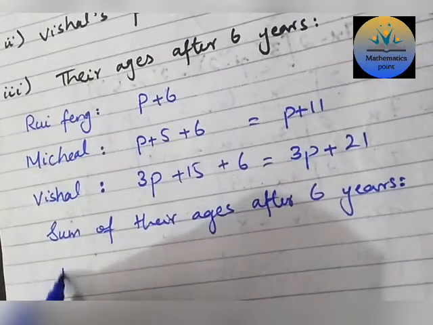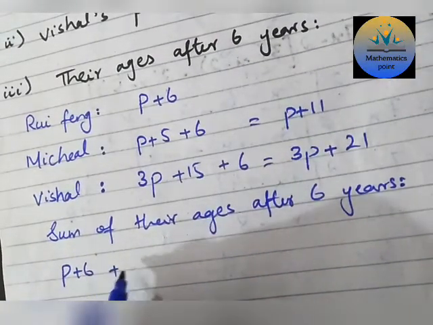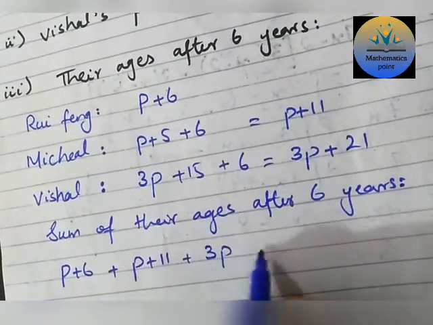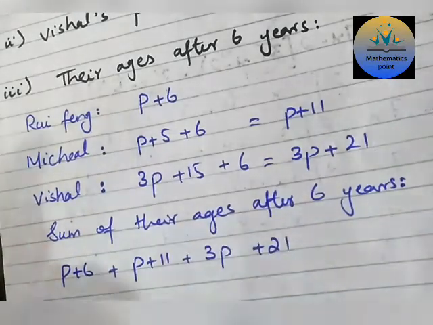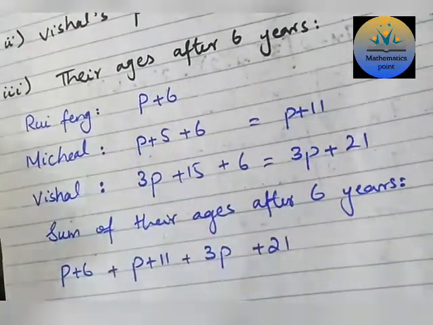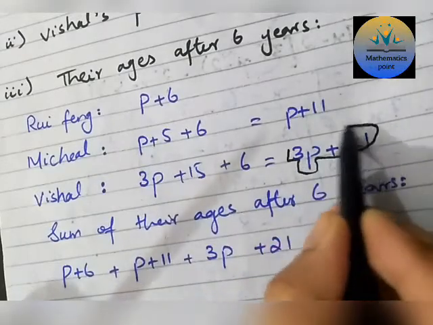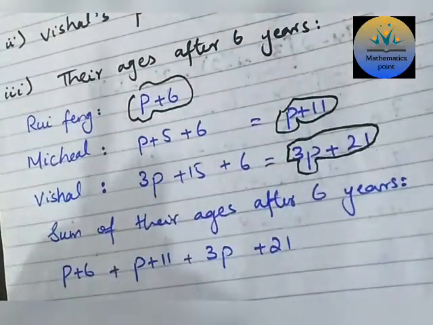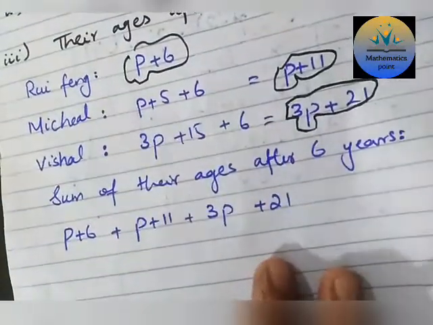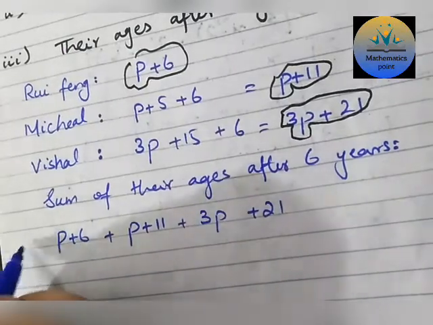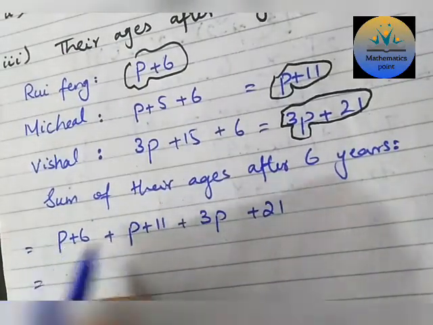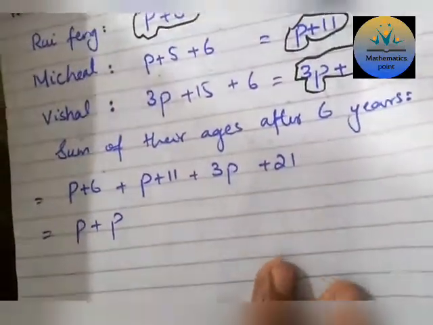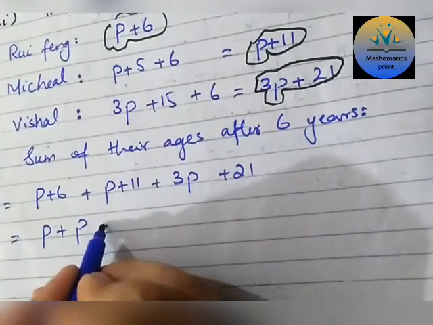Okay, see, that is p plus 6, then p plus 11, then the third one is 3p plus 21. I just write down the ages, the final one after 6 years. Now arrange the terms, write down the p terms together: p plus p plus 3p.